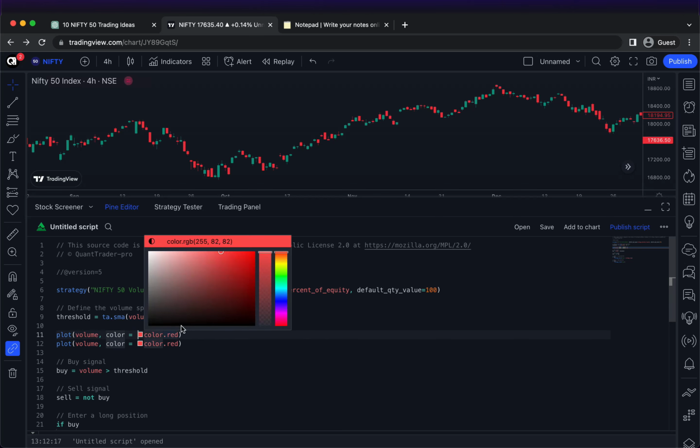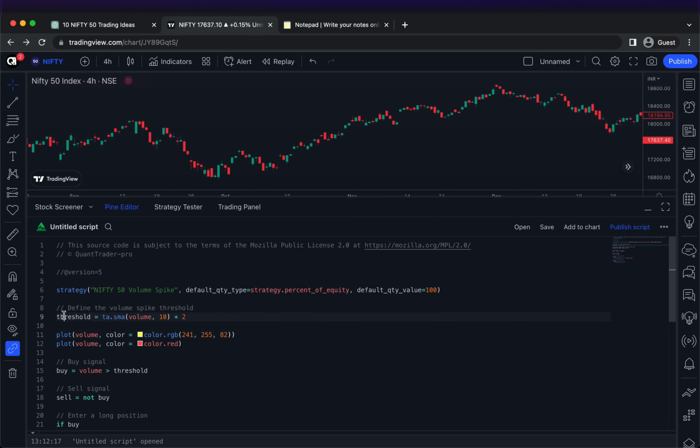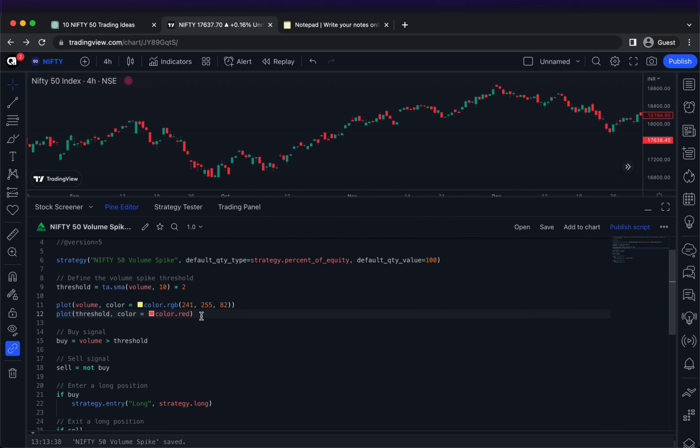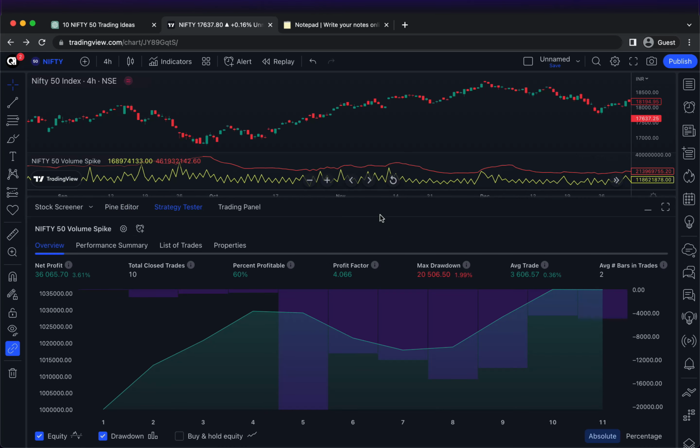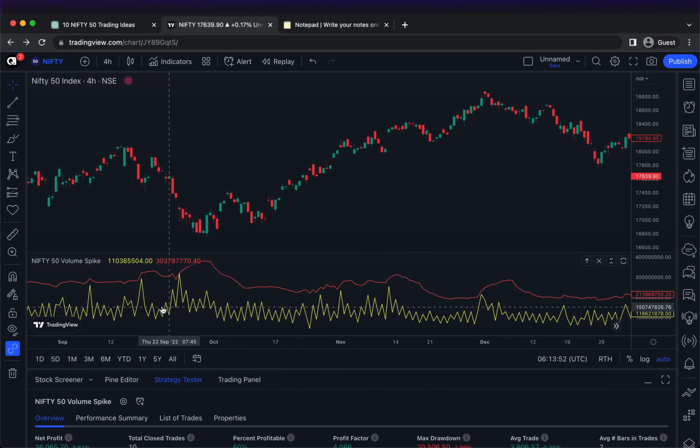Let's create one yellow and one red. Okay, this one is just changed to the threshold. Save. When volume is above the threshold, we are buying, and when the volume is not above the threshold, we are not buying. And it's just 3.6%, as you can see.